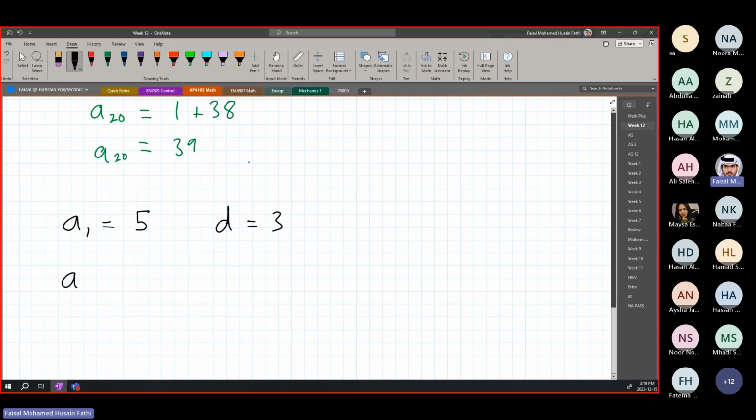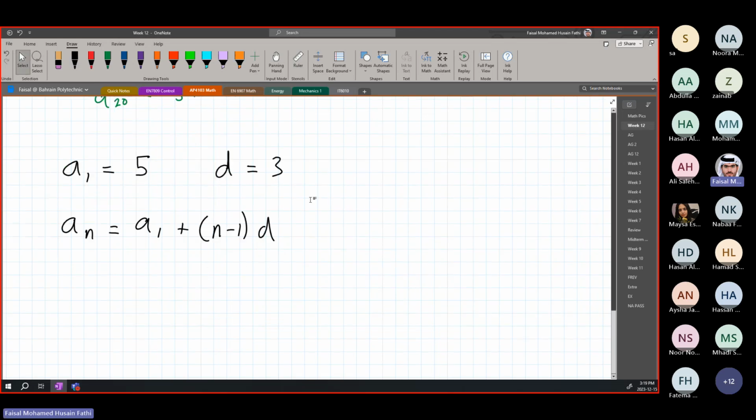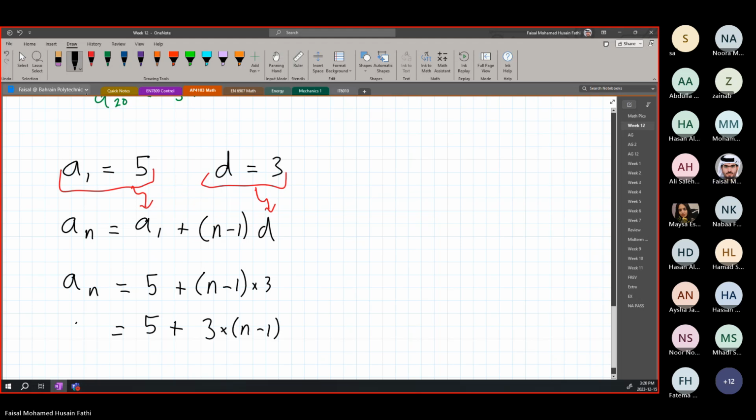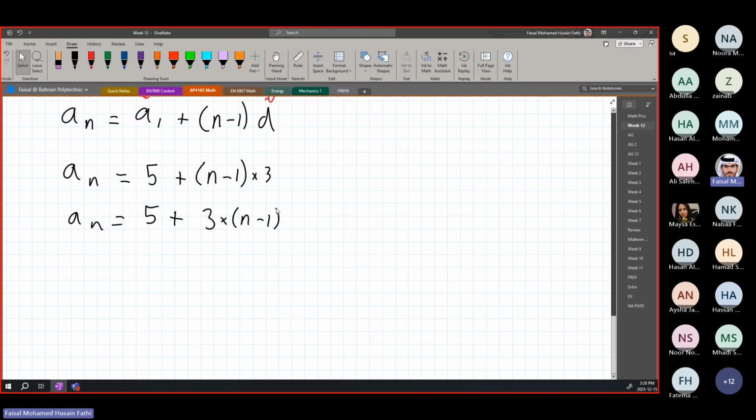So we know the equation is an is equal to a1 plus n minus 1 times d. Let's substitute the values that we have. We substitute a1 here and d in here. So an is equal to 5 plus n minus 1 times 3. If this is too confusing for you, you can always rewrite it as 5 plus 3 times n minus 1. It's the same exact thing.